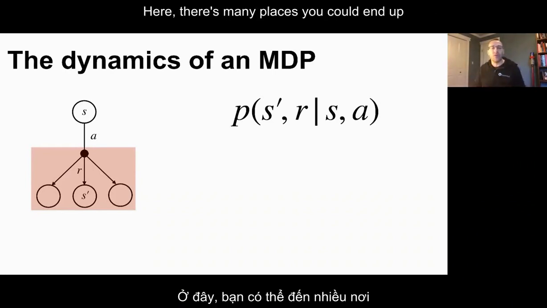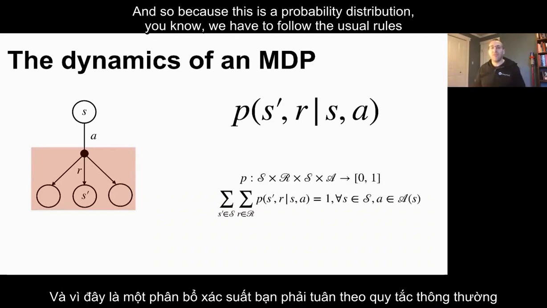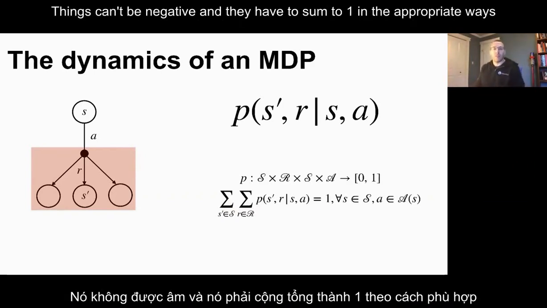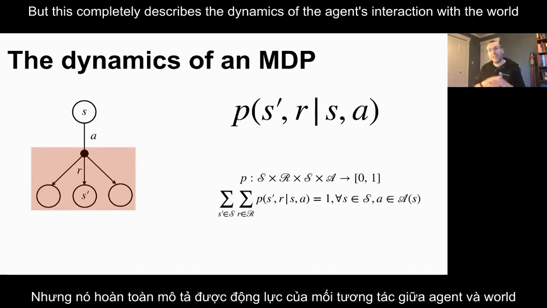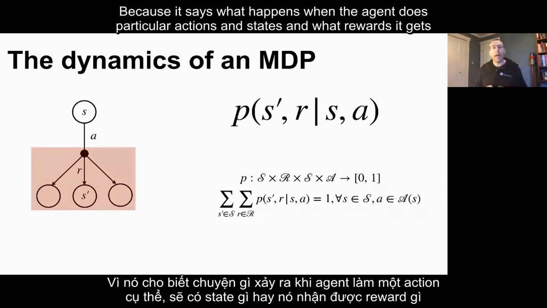There's many places you could end up. And so because this is a probability distribution, we have to follow the usual rules. Things can't be negative and they have to sum to 1 in the appropriate ways. But this completely describes the dynamics of the agent's interaction with the world, because it says what happens when the agent does particular actions in states and what rewards it gets.